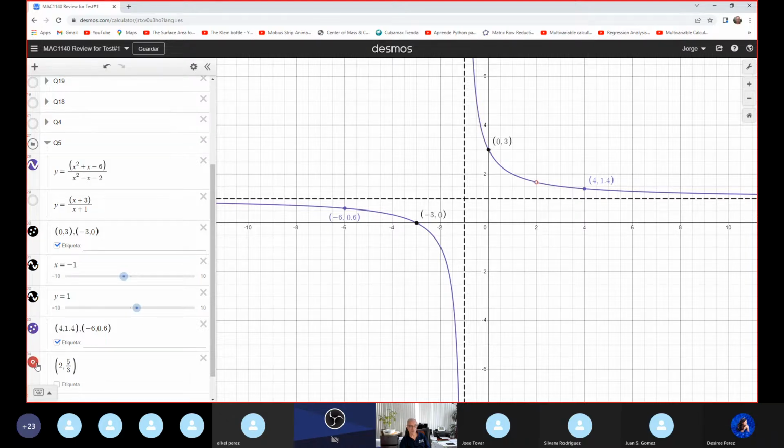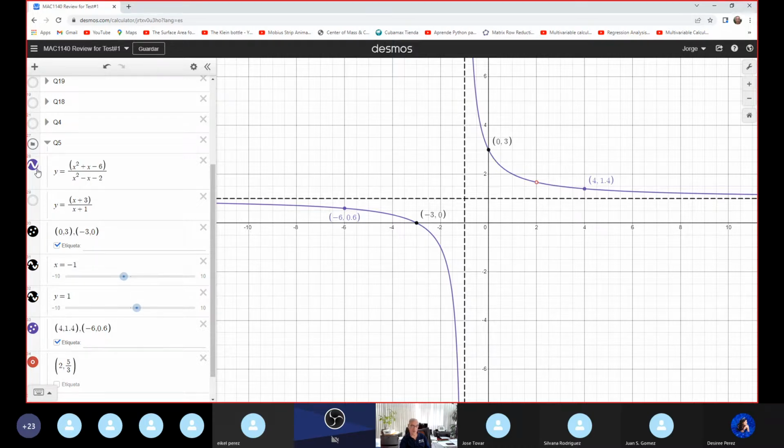This is extremely important. You are doing the graph of the original, and this is the original and the new one after the simplification. You see it's identical. Let me put them together. Except that the original has a hole here, and after the simplification we have none.